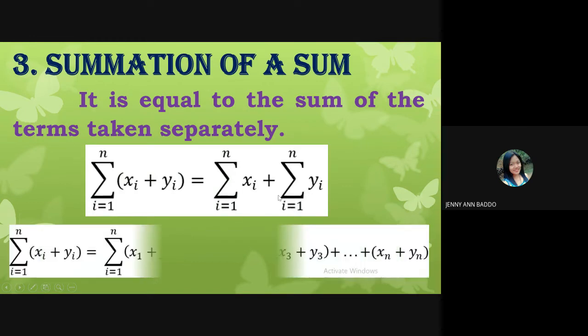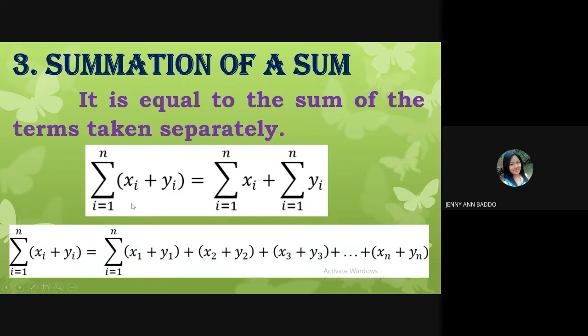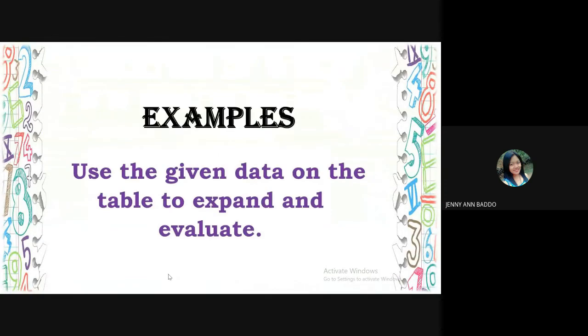So if we're going to expand the first formula here, we have summation of x sub 1 plus y sub 1 plus x sub 2 plus y sub 2 plus x sub 3 plus y sub 3 up to x sub n plus y sub n. Let us have an example.